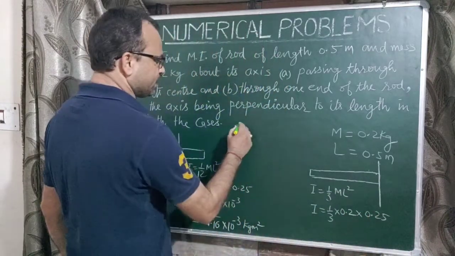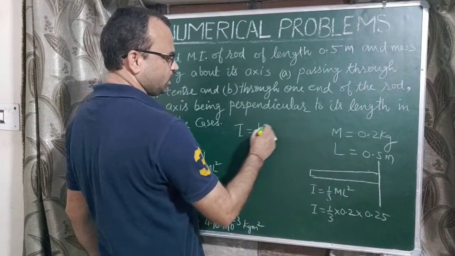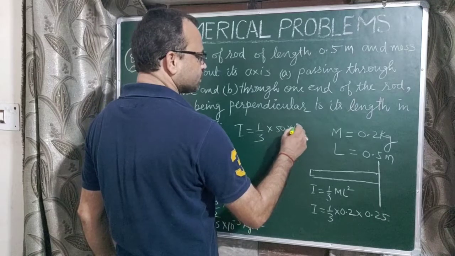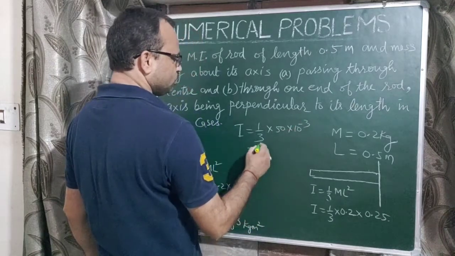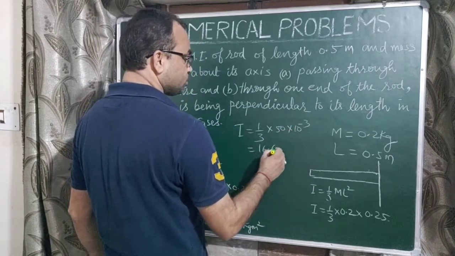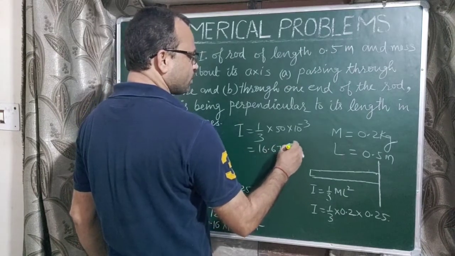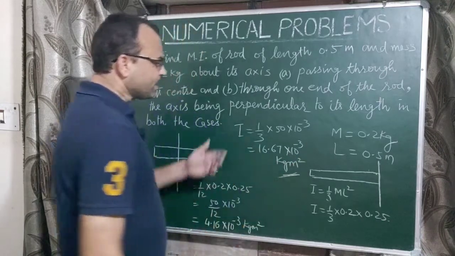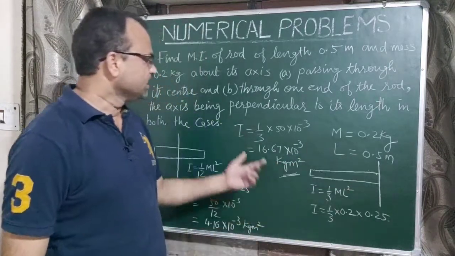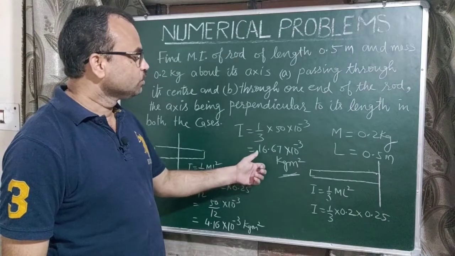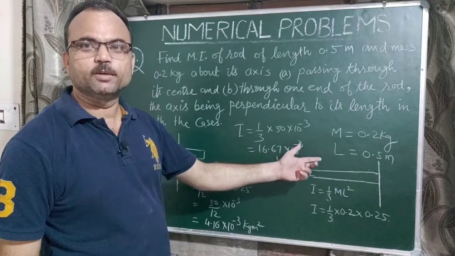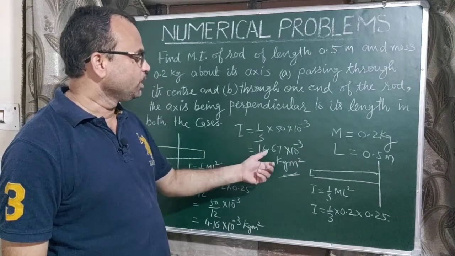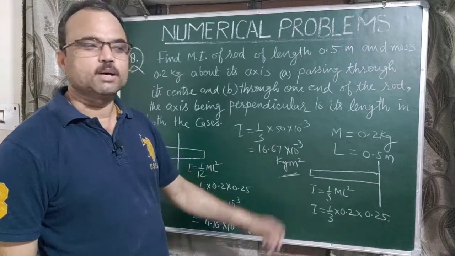Or we can write I equal to 1 upon 3 into 5 into 10 to the power minus 2, or 16.67 into 10 to the power minus 3 kilogram meter square. So when the axis passes through its one end, then moment of inertia is equal to 16.67 into 10 to the power minus 3, or we can write 1.67 into 10 to the power minus 2 kilogram meter square.